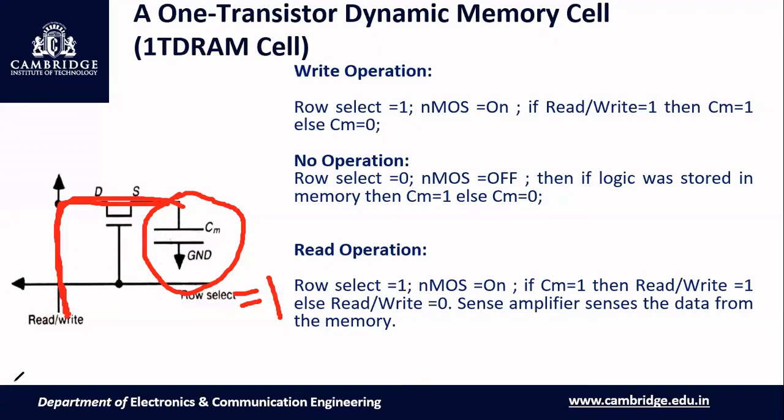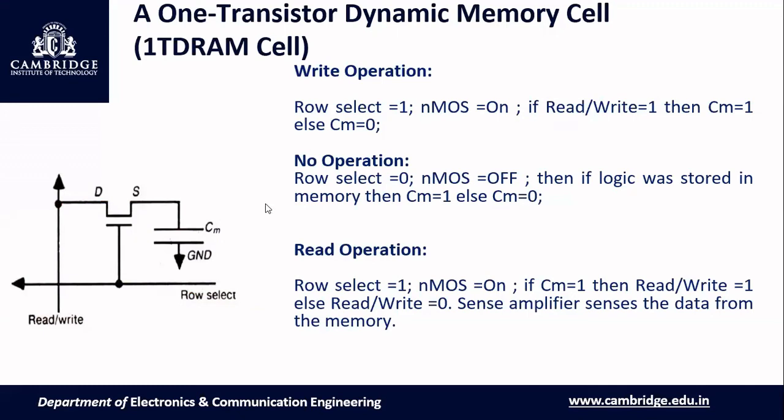For both read and write, this row select should be 1 only. If row select is 1, whatever data you have on the read or write line will be stored in this capacitor. If there is no data on the read or write line, whatever data you have in this capacitor will be read. That's it. Simple memory element.